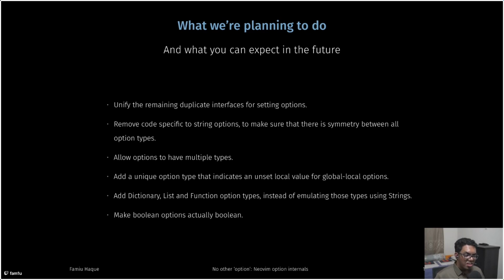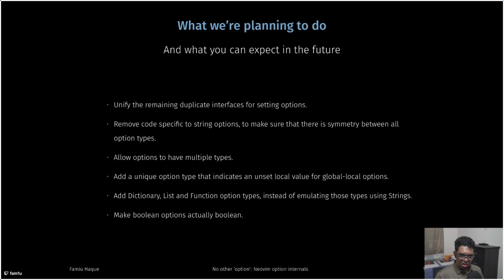I want to add dictionary, list, and function option types instead of emulating those types using strings. Yep, now you're seeing where this is heading. So the string values will still be modifiable as strings, but we'll also add dictionaries, lists, and function option types on top of that.